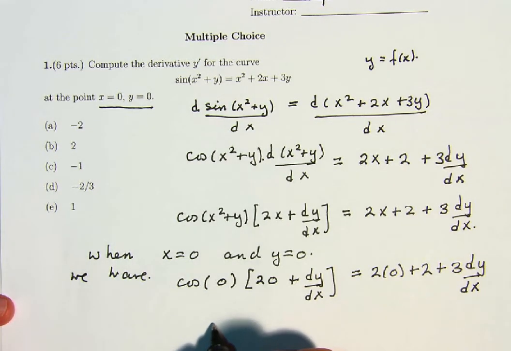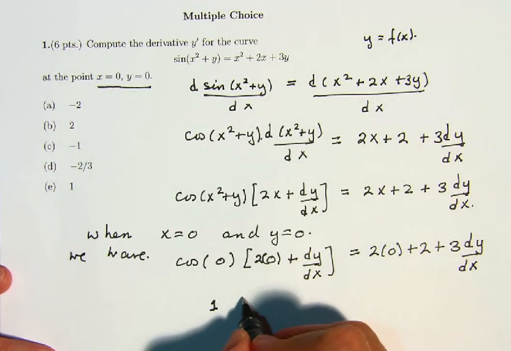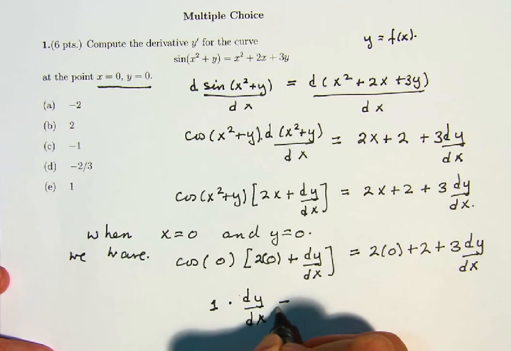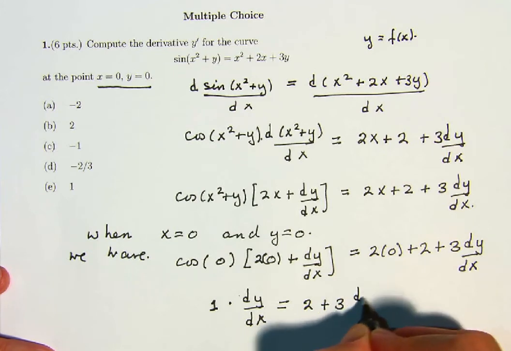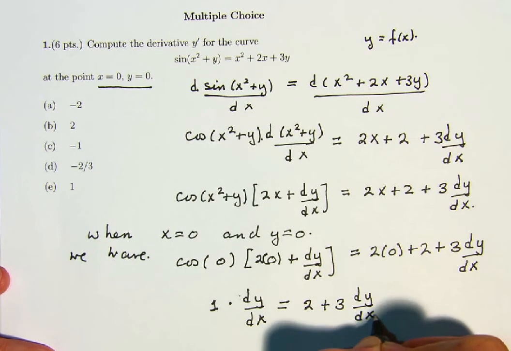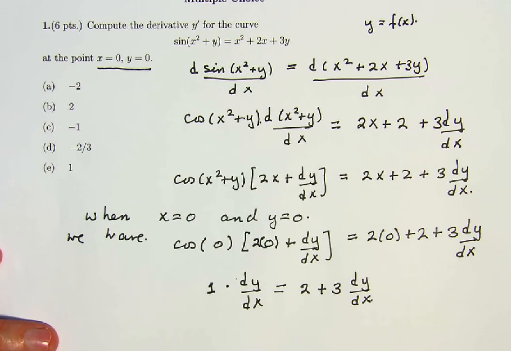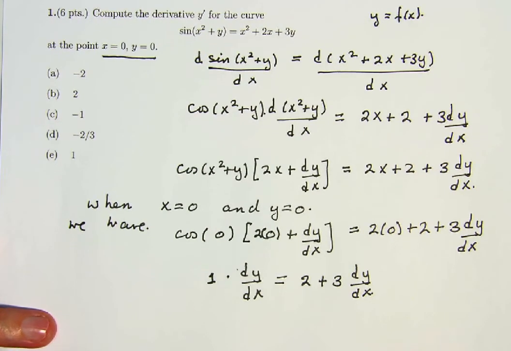And of course cosine of 0 is 1, so we have 1 times dy dx on the left is equal to 2 plus 3 times dy dx on the right. And now we can solve for dy dx using simple algebra.